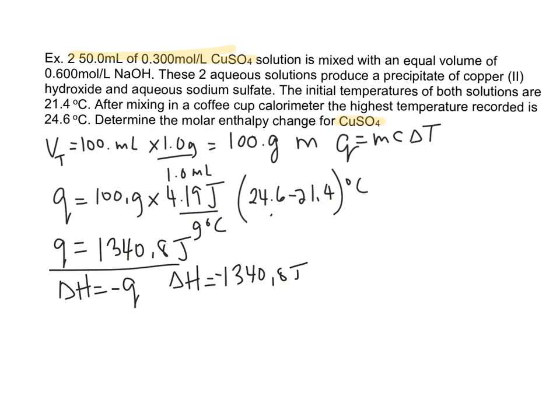So far we've got Q, and now we've calculated delta H, so the energy change for the system in this situation. So now we need to find the moles of our system.